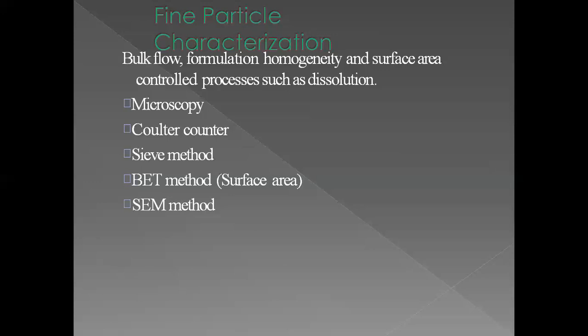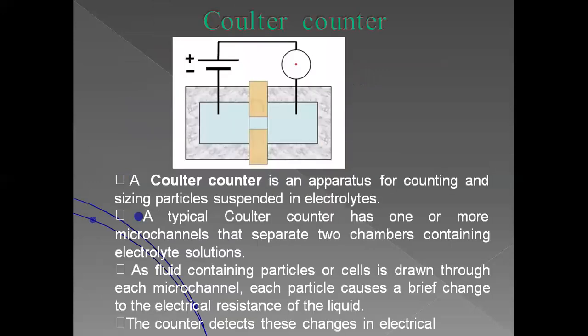A known volume, from 0.5 to 2 ml of suspension, is then drawn into the tube through a small aperture, from 0.4 to 800 micron, across which voltage is applied. As each particle passes through the hole, it is sized according to the resistance generated by displacing that particle's volume of conductive medium.